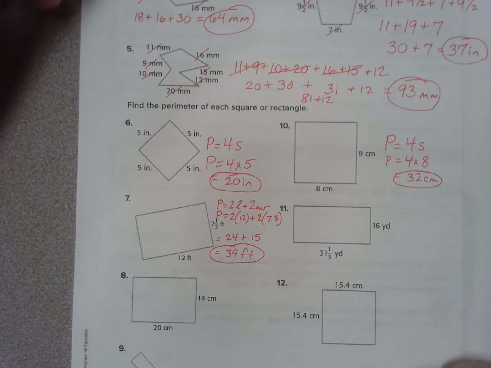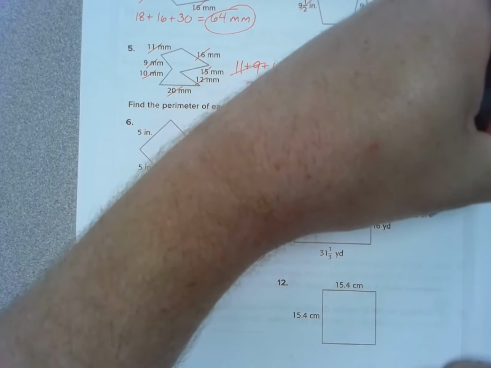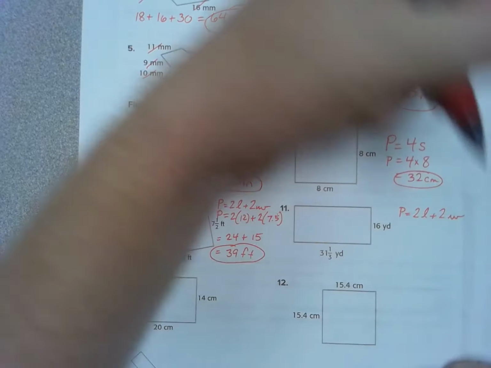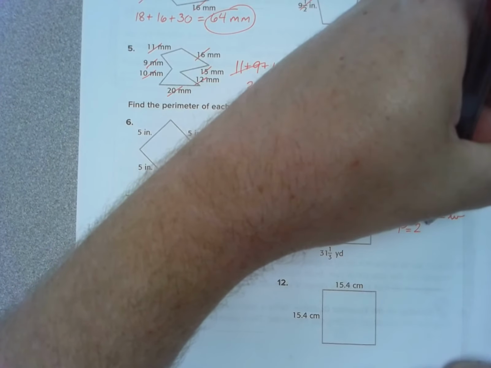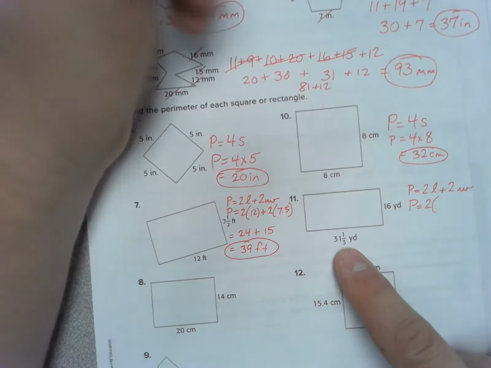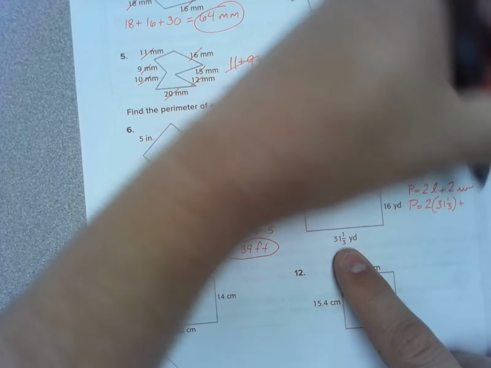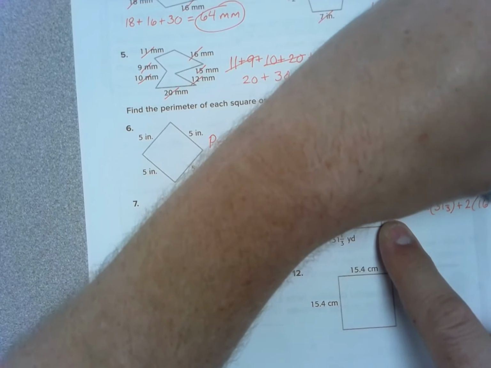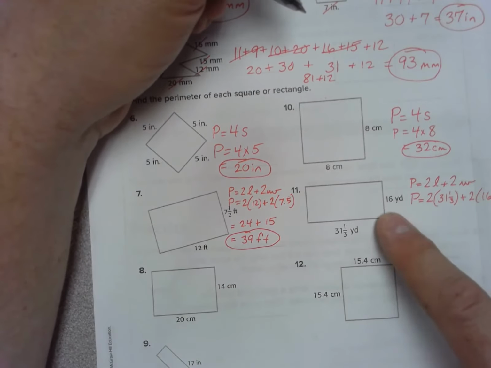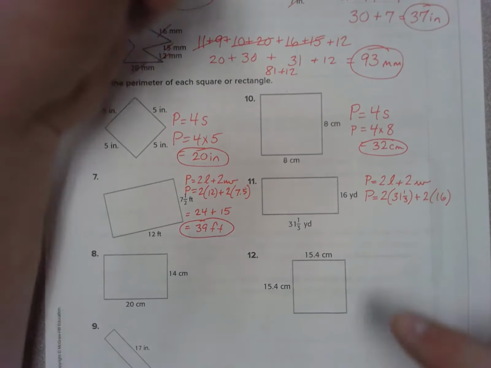39 feet. Same equation. P equals 2 times the length plus 2 times the width. P equals 2 times, we have 31 and a third, plus the width, 2 times 16. It doesn't matter really which one you pick as your width or your length, as long as you use both of them.